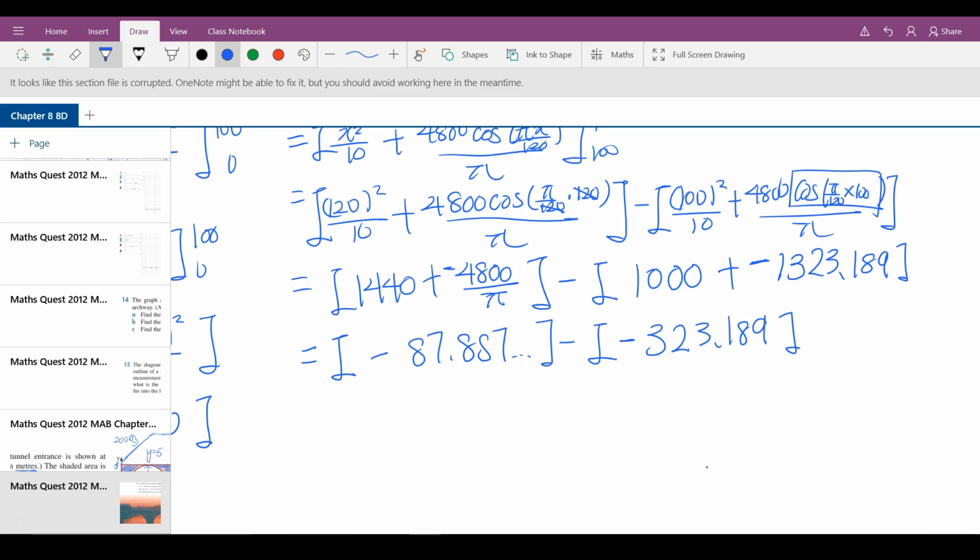Yeah, so negative is positive, so I'll just put a plus, so negative 87.887 plus 323.189 gives me approximately 235 meter square, and this is section 2.